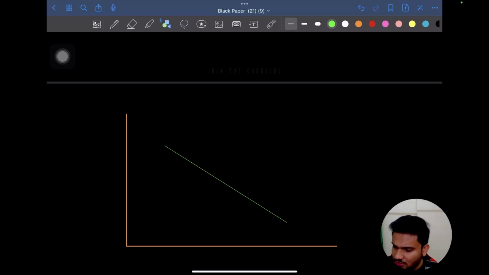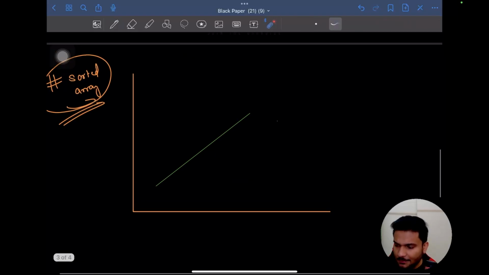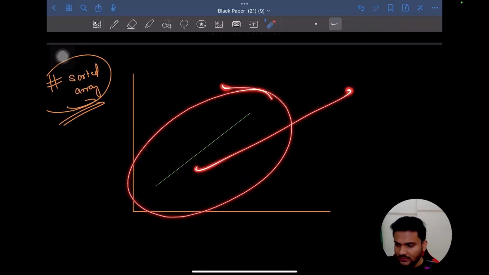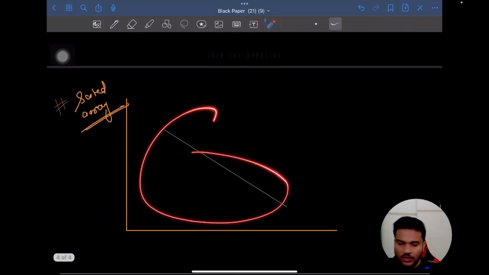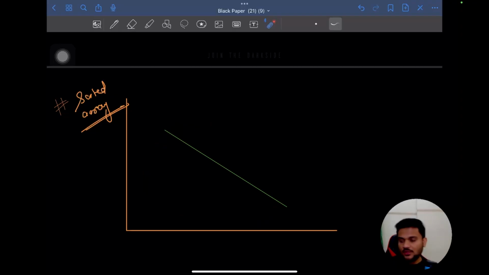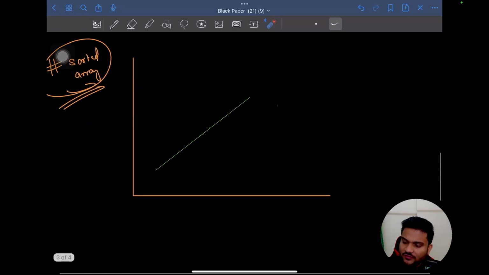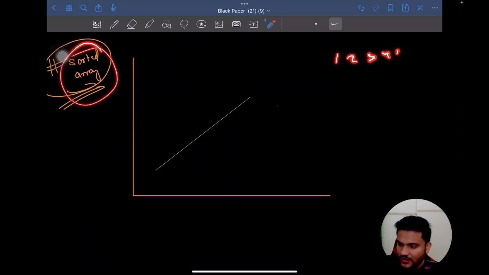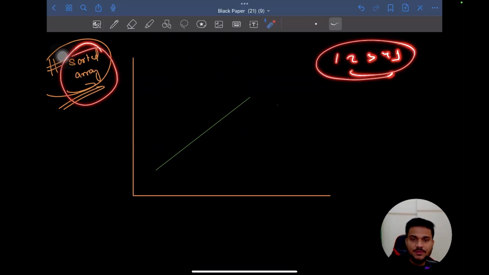So for sorted situations, sorted array, right? You can see that maybe the data will be all in increasing order, or the data will be all in decreasing order. Okay. Now, let's say you are given a sorted array like 1, 2, 3, 4, 5, what will be the peak element?